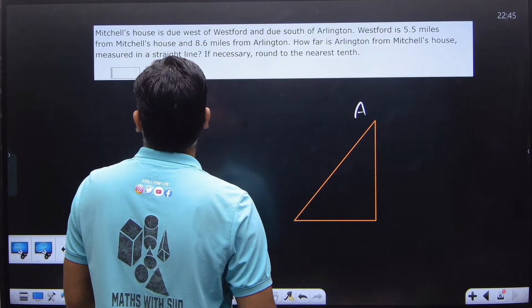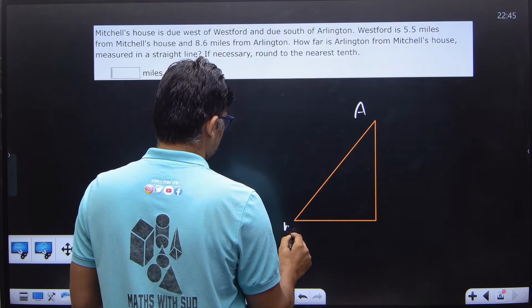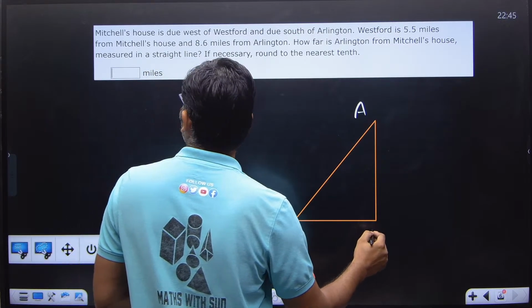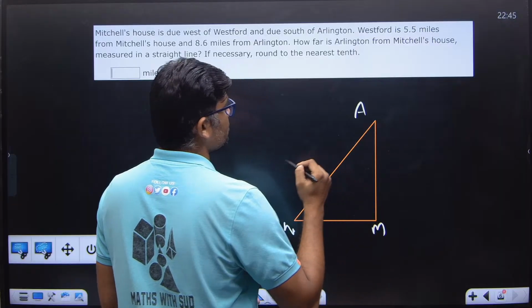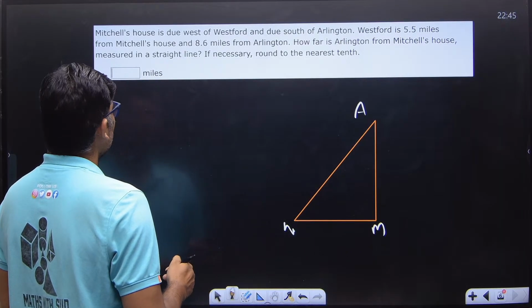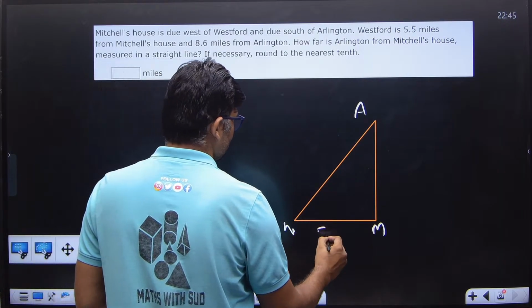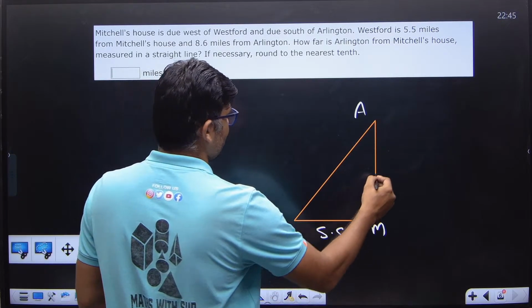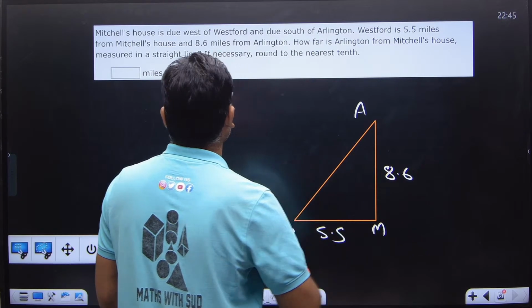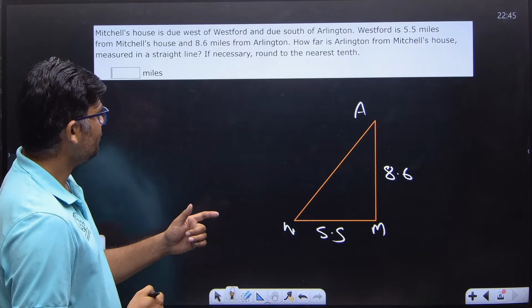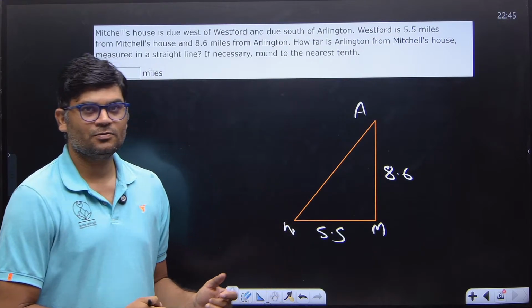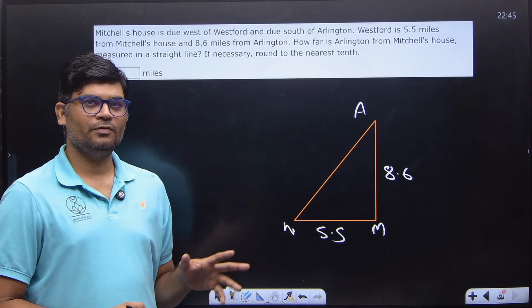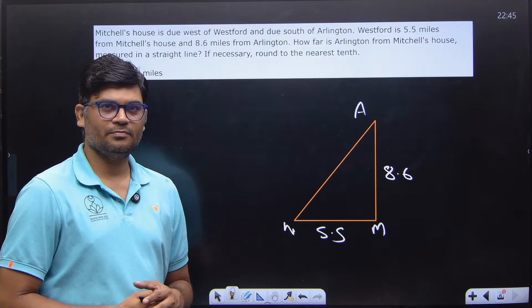This is Arlington, this is Westford, this is Mitchell's house. Westford is 5.5 from Mitchell's house and 8.6 miles from Arlington. So you have to do 5.5 squared and 8.6 squared, and whatever you get, you have to find the square root of that number.